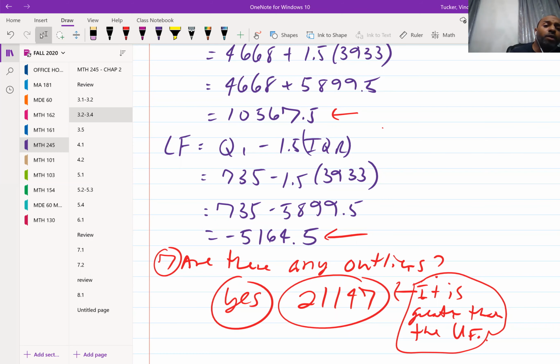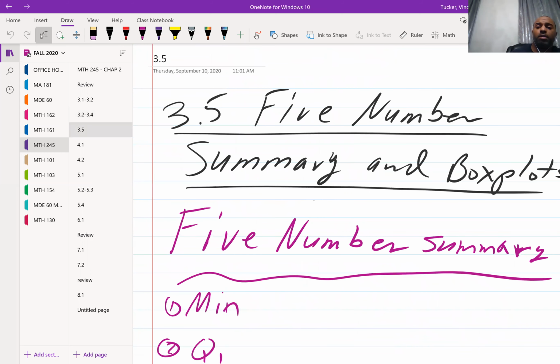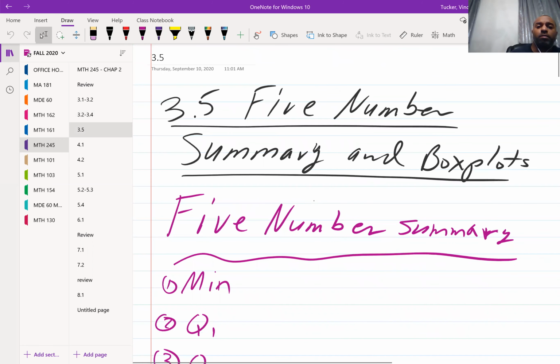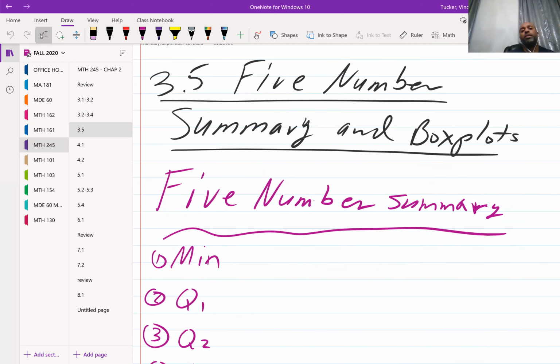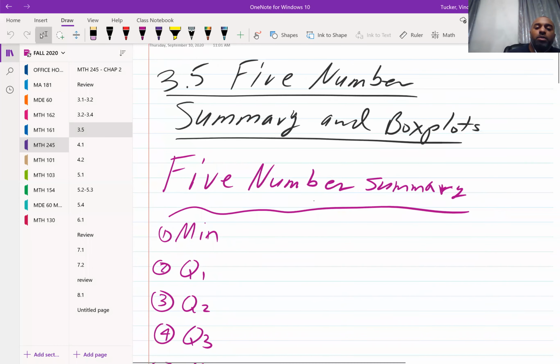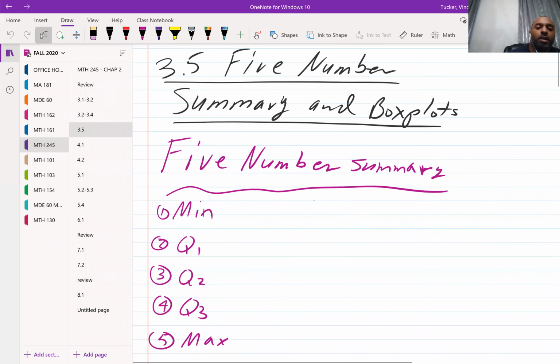Now 3-5 really piggybacks off of 3-4. Just add really one or two more things. So we're looking at 5-number summary and box plots. Your 5-number summary is your minimum, Q1, Q2, Q3, and your maximum.